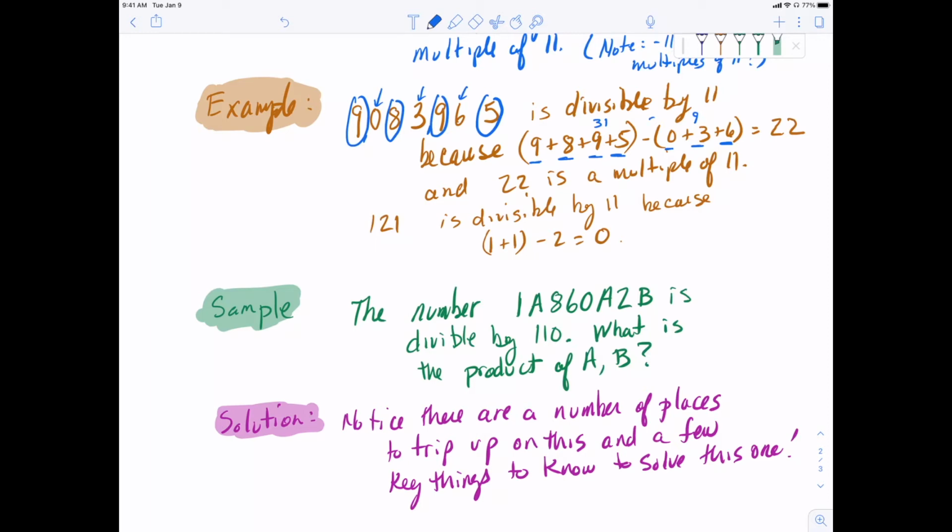And 22 is a multiple of 11, so that number is divisible by 11.